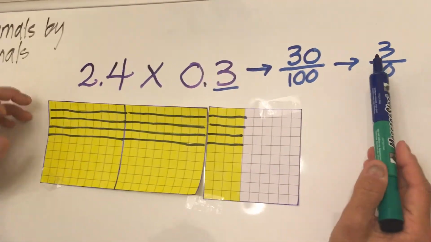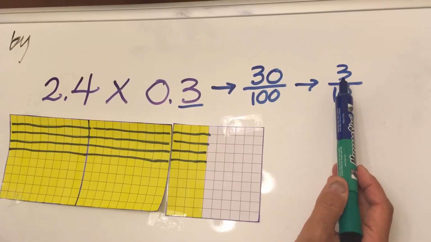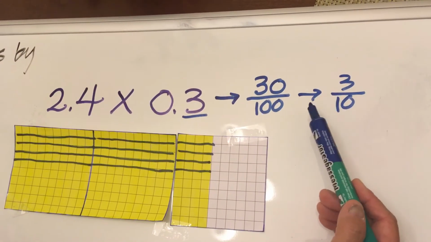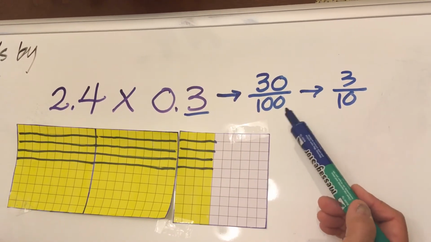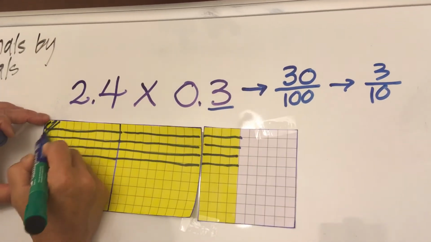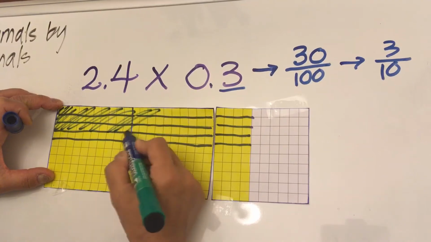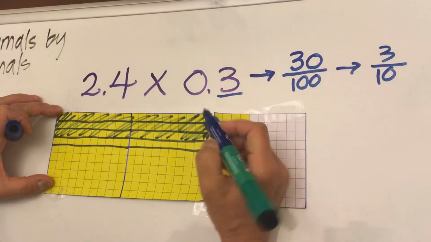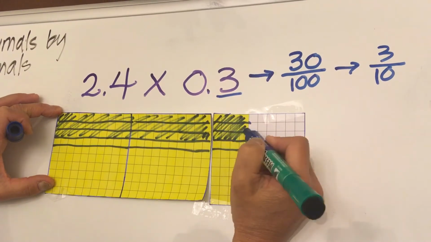So if we only want to know how much is 3/10 of a pound, I'm going to put my grapes on the scale. I only want to pay for the 3/10 of a pound. I don't want to pay for a whole pound. So I'm going to shade this in, and I have to do it horizontally. If I just keep going this way, that's just repeating equal groups.